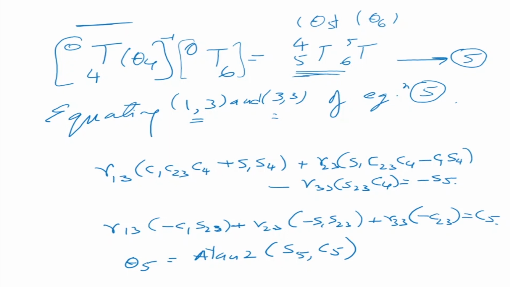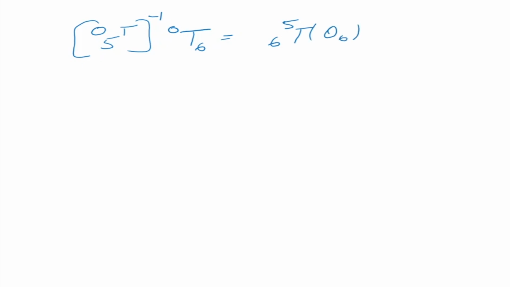What will be left on the right hand side is only theta 6. So this is the logic that we are following. We bring theta 5 onto the left hand side, and when we multiply this with the inverse of the 5 to 6 transformation, we get the transformation for theta 6. That means the right hand side only has one variable, theta 6, which is unknown.